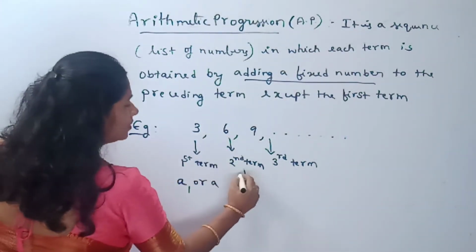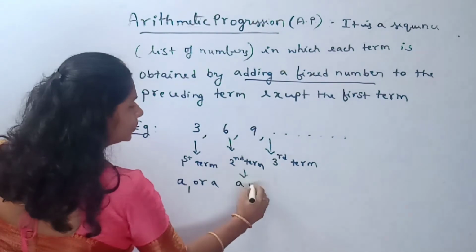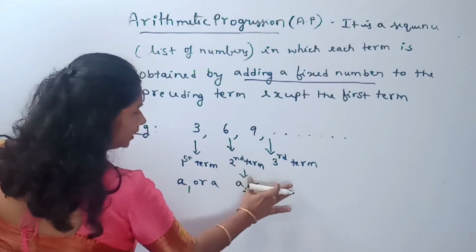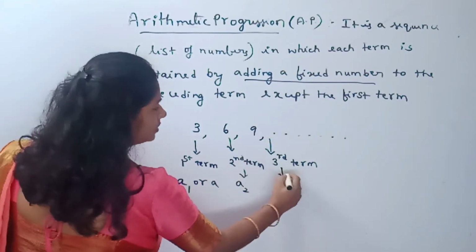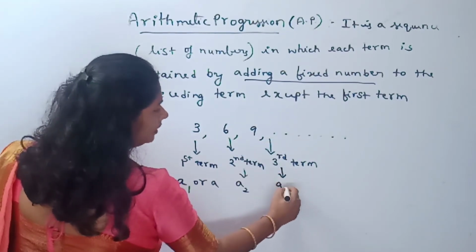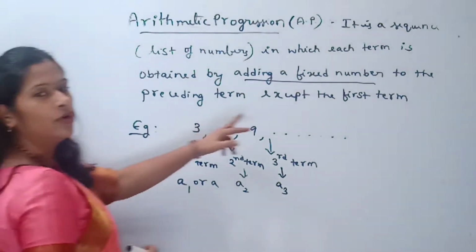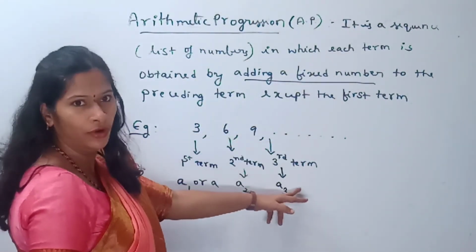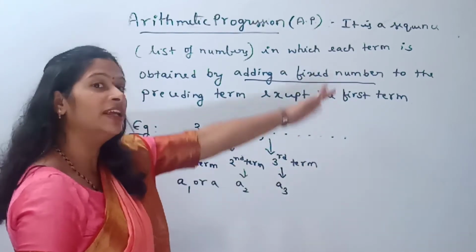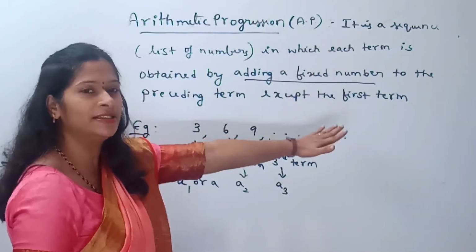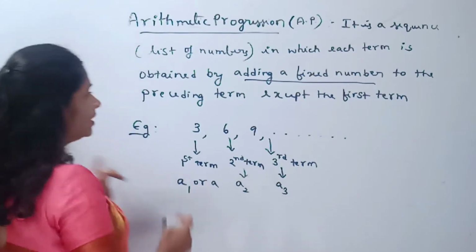Second term is denoted by the symbol A2, and third term is denoted by the symbol A3 and so on. Fourth term is denoted by A4. Fifth term is denoted by A5. If there are n terms, the nth term is denoted by the symbol An. Clear?